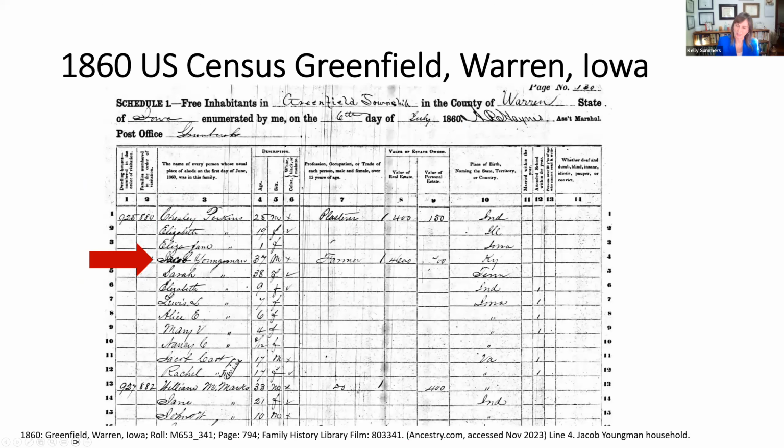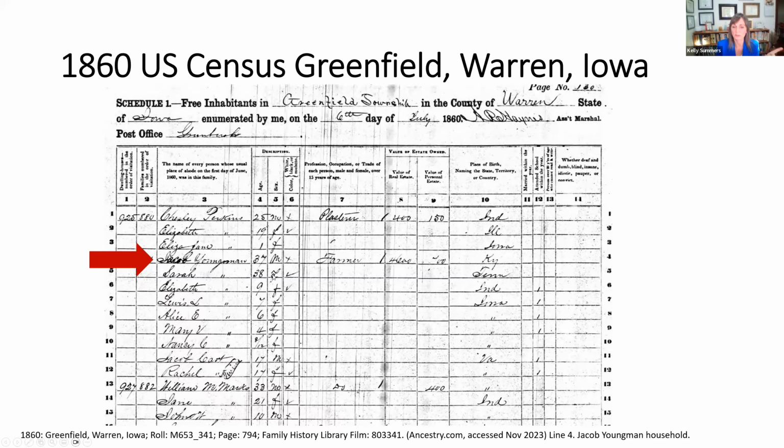Well, I wasn't able to find the family in Indiana, but I did find Jacob Youngman in Iowa. Now, again, I want to confirm that I have the right family. So Jacob Youngman, 37, farmer. He has real estate and personal, and he was born in Kentucky. Then we have Sarah. Now, this is someone I've never seen before. This looks like it is his wife.